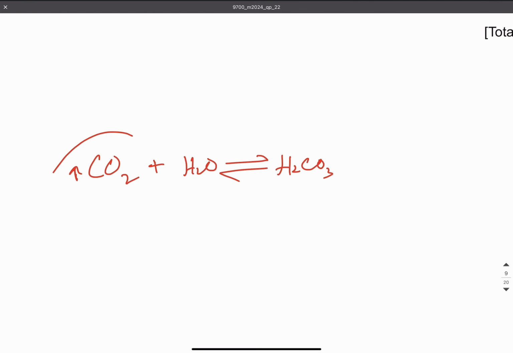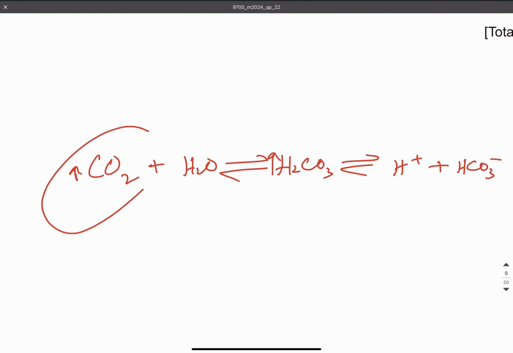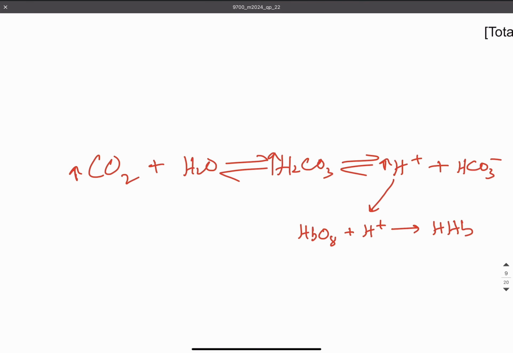Then this carbonic acid dissociates into hydrogen ions and hydrogen carbonate ions. So because of higher carbon dioxide concentration, more hydrogen ions are produced, and these hydrogen ions are picked up by hemoglobin. And when hemoglobin picks up these high concentrations of hydrogen ions, hemoglobin becomes hemoglobinic acid, leaving oxygen.